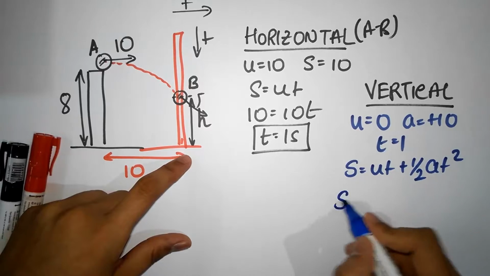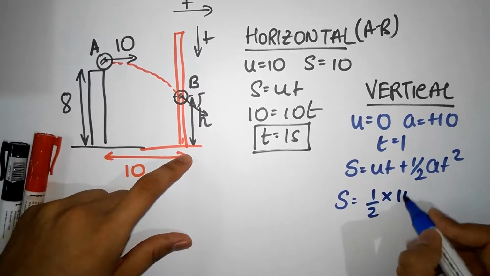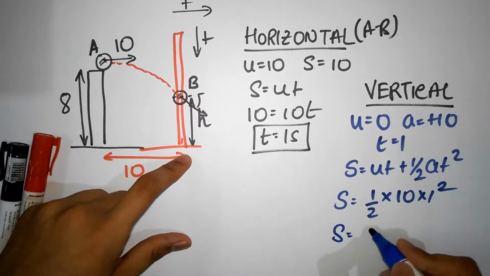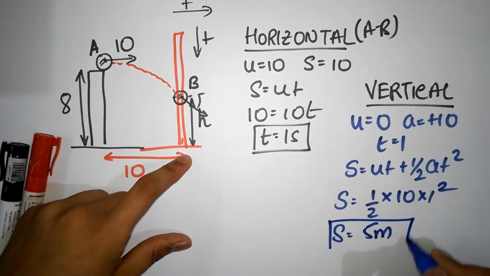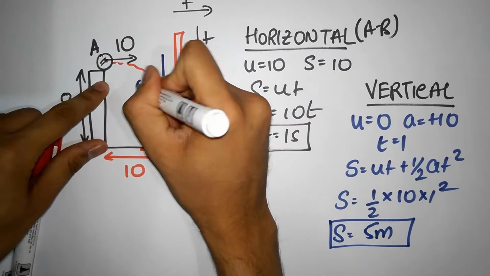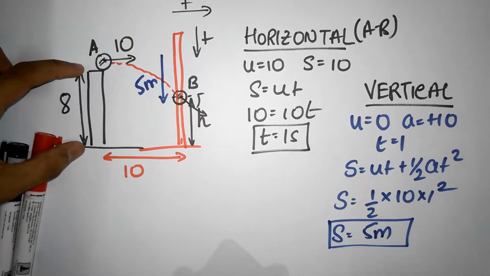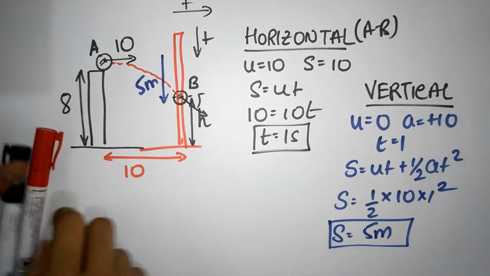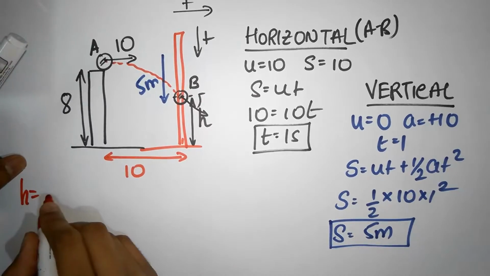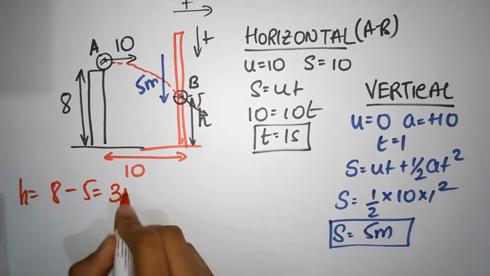So S is ut, which is 0, plus half into 10 into t squared. So S turns out to be 5 meters. So I've calculated the displacement this way is 5 meters, but I need to calculate this h. Well, the total distance is 8 and this is 5. So the required answer: the height h is 8 minus 5, which is 3 meters.